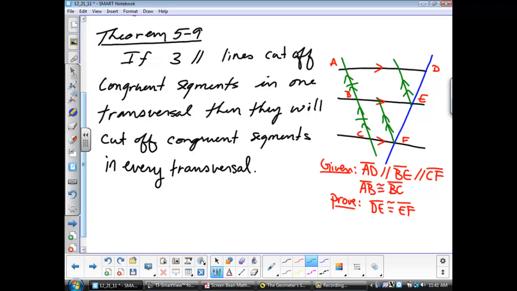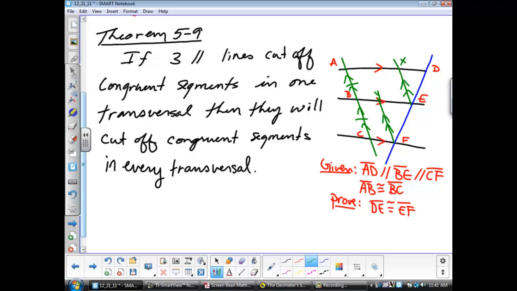Let me ask you, and I'll call these points X and Y where they intersect those other lines, will XE be parallel to YF? Since XE is parallel to AB and YF is parallel to BC, will XE and YF be parallel to each other? Yes, they will. Do we have some parallelograms? Yeah.